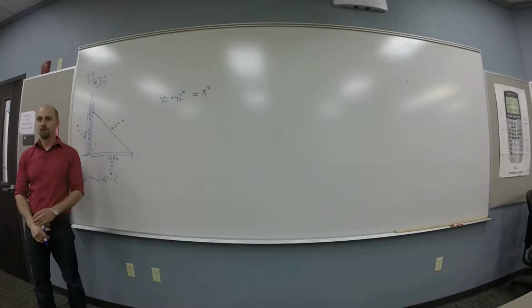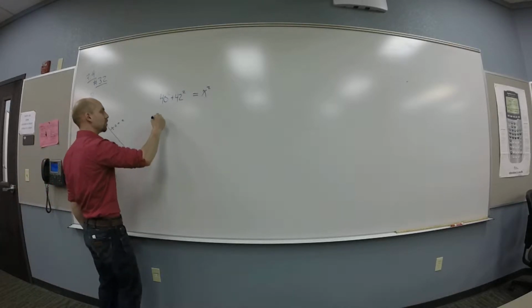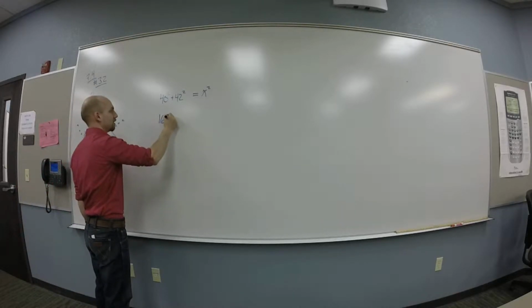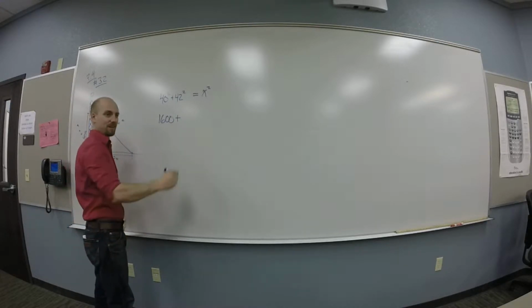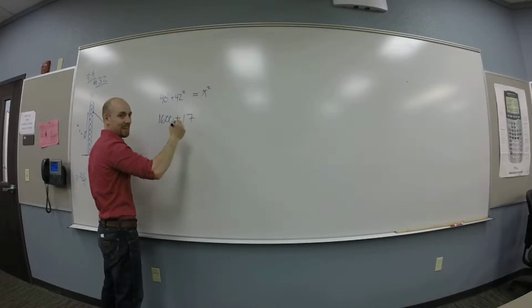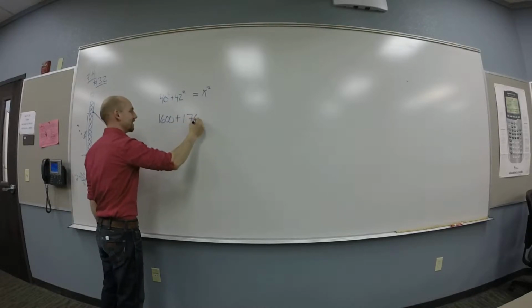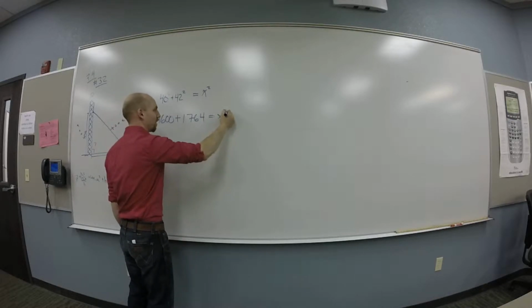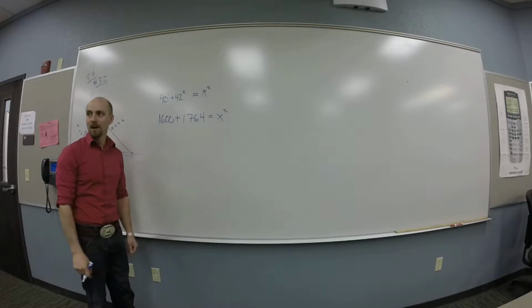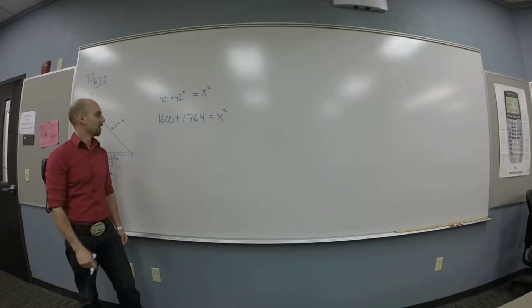Square stuff out. Okay, so what's 40 squared? 1600. What's 42 squared? 1764. Okay, and that's supposed to be x squared, right? Now what? Add both of those together.